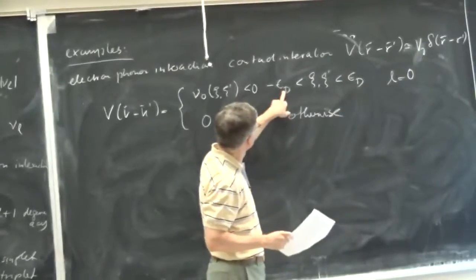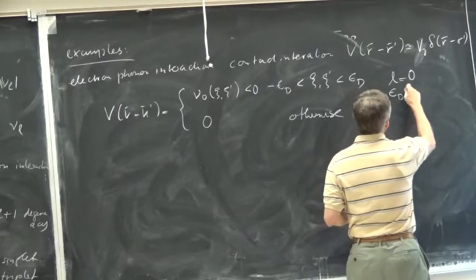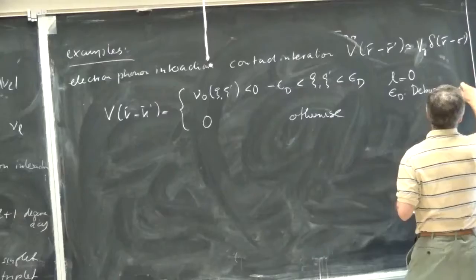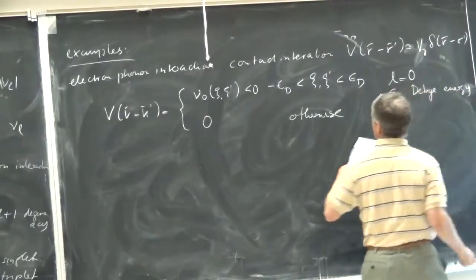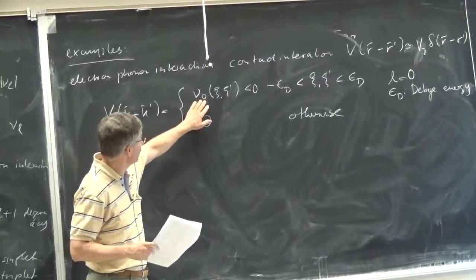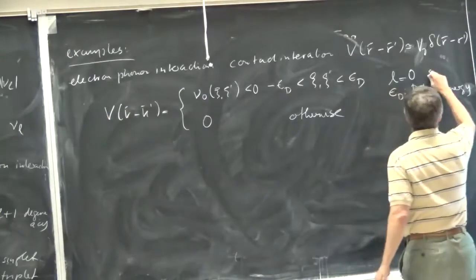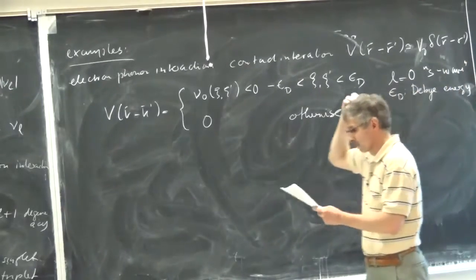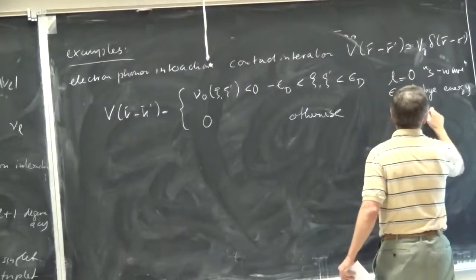And this would be finite only between the cutoff energies, which are the Debye energies of phonons. So in this case it is just the simple standard L equals 0 case, which is what we would call S wave. And of course here we also have S equals 0, spin singlet.